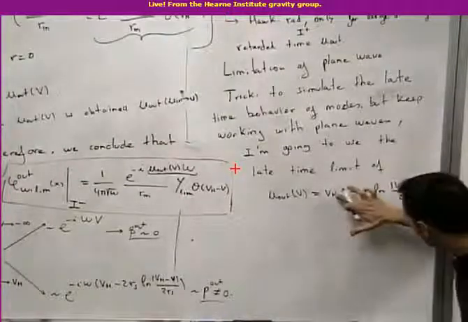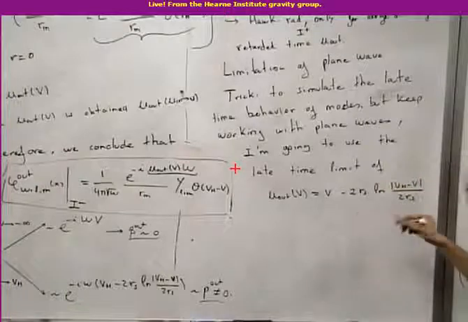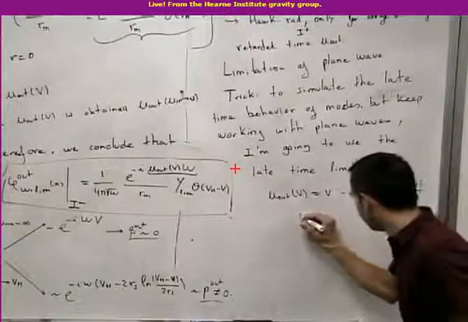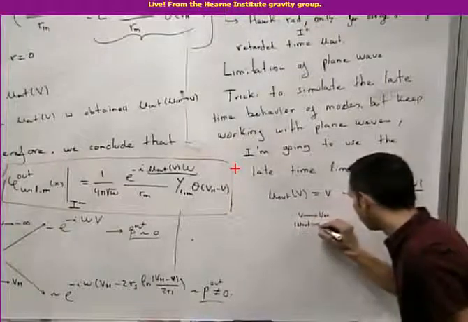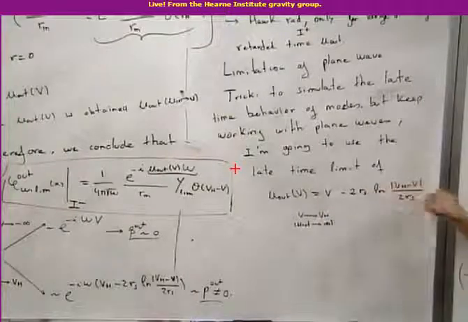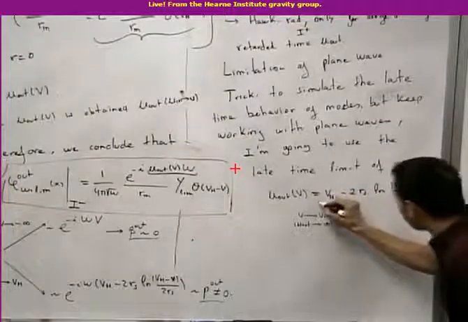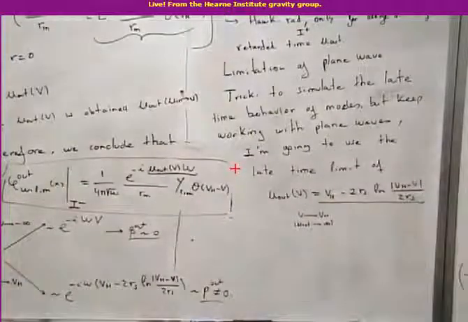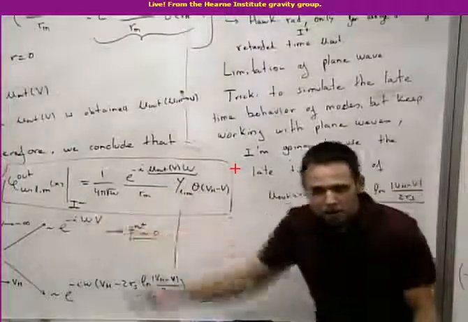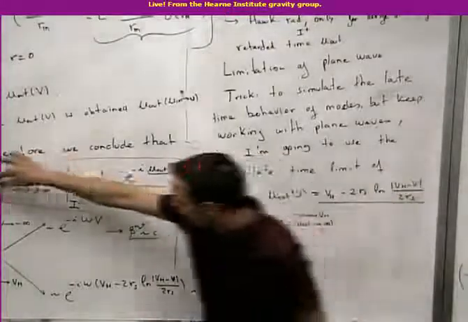Remember that the real behavior is like that, but at late times the log dominates. When v goes to v_h, which means that u out goes to infinity, this term dominates because this goes to 0, the log dominates over this, and this goes to a constant. So I'm going to use the late time expression as if I was working at late times, but keep working with plane waves. Of course, my result will only be valid for modes at late times. But it's a way of doing the right computation using plane waves without having to introduce wave packets, which are localized in some region.